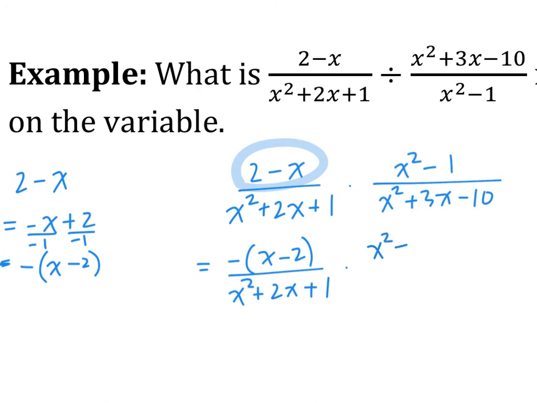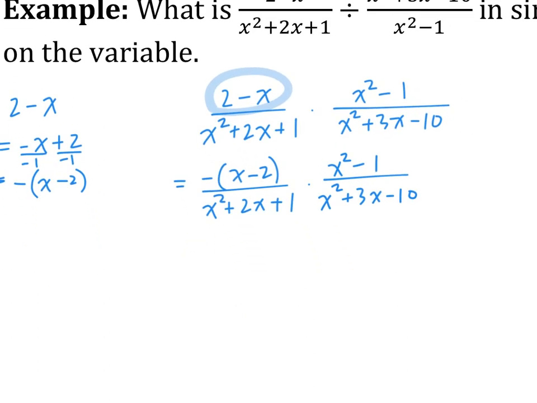Okay, that way you will be able to see things that you can cancel that you wouldn't have if you didn't switch those two terms. Okay, let me know when you're done. Okay, so for this question, the answer is negative x minus 1 over x plus 1, x plus 5.